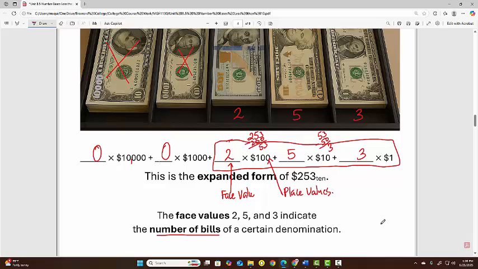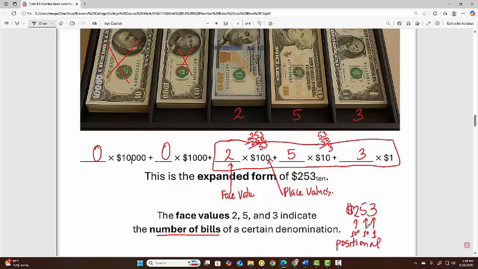Now, when I actually write the number 253, I don't have to write the 100, the 10, and the 1 because the position of the number tells me which denomination I'm talking about. This is why it's called a positional number system.